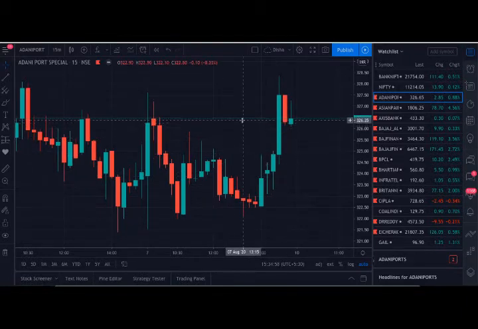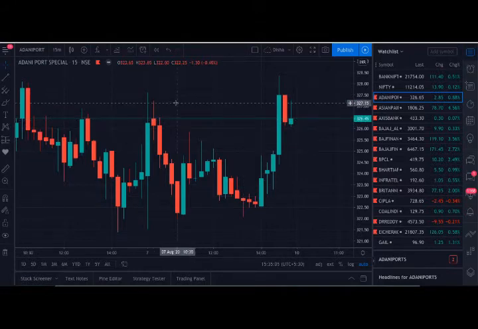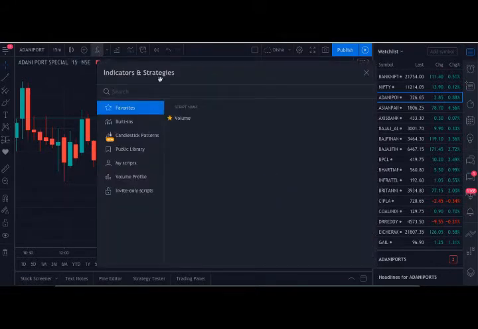To activate the Disha indicator on this, only if you have already been given the access can you access Disha. Let's say you have already been given the access, then here you will find indicators and strategies. Click on that. Here you will be given these options on your screen, then click on invite-only scripts.